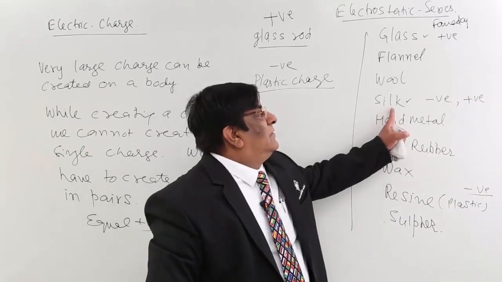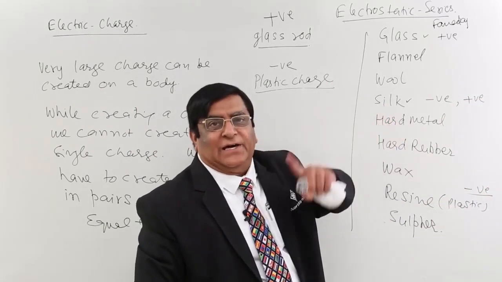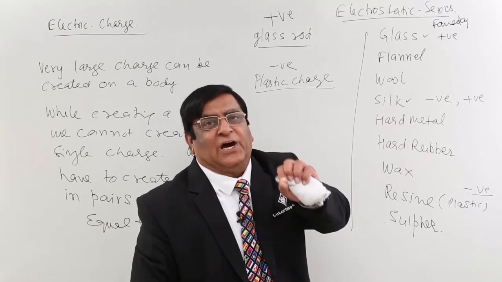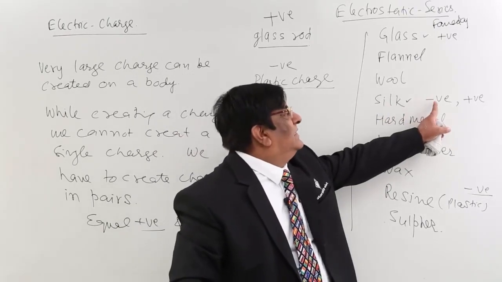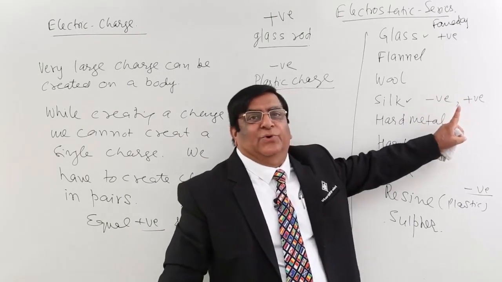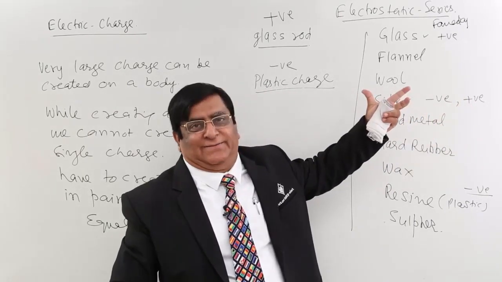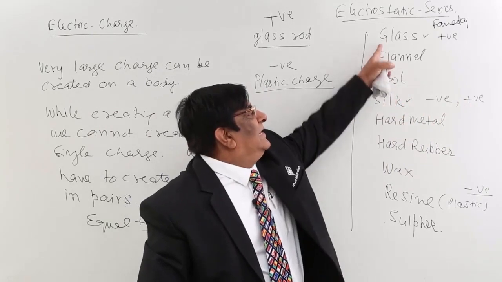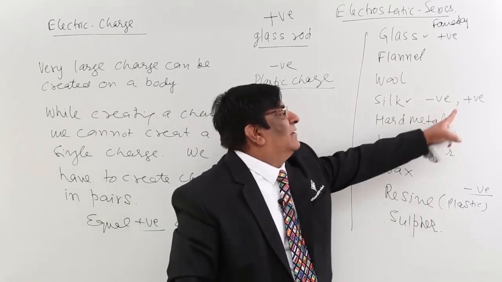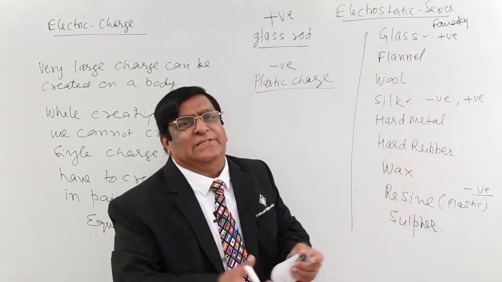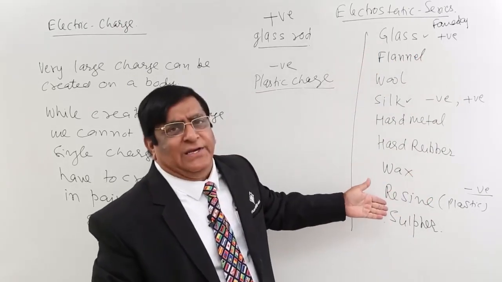So if I ask you which charge is developed on silk when we rub it, you cannot reply whether it is negative or positive unless you know what it is rubbed with. If silk is rubbed with glass, it becomes negative. If it is rubbed with plastic, it becomes positive. So this is just a reference point.